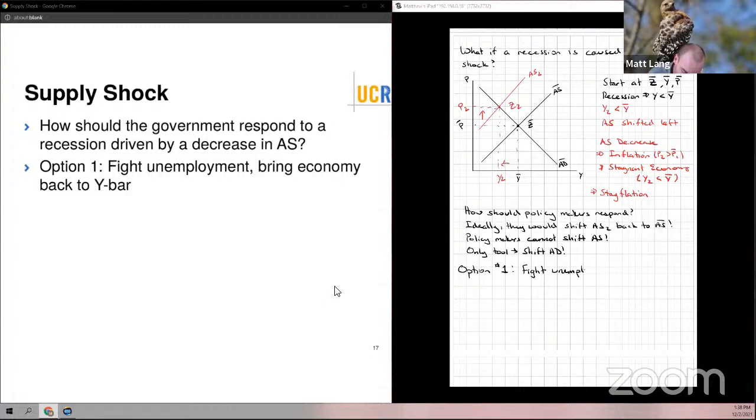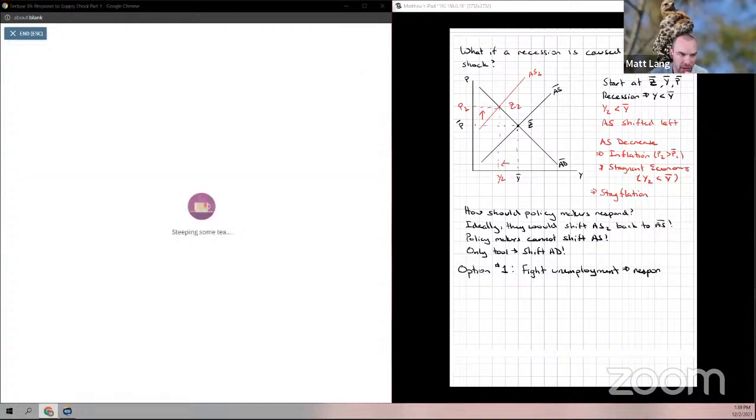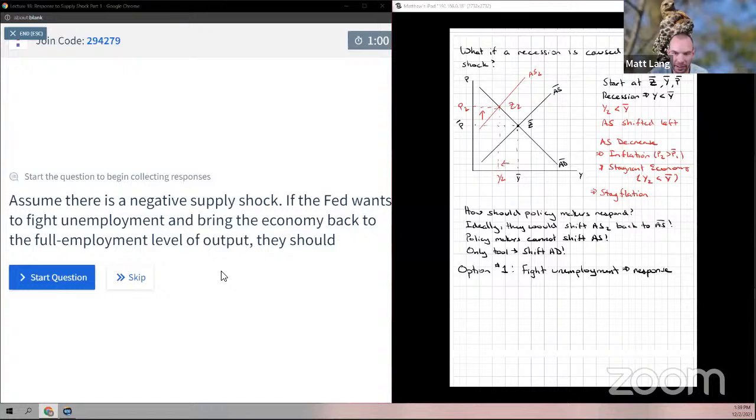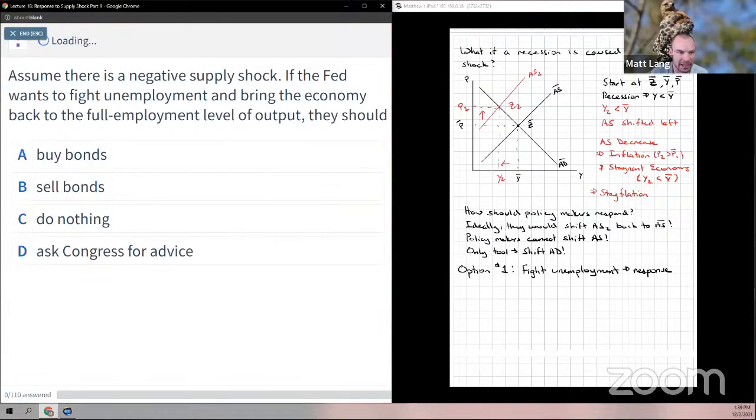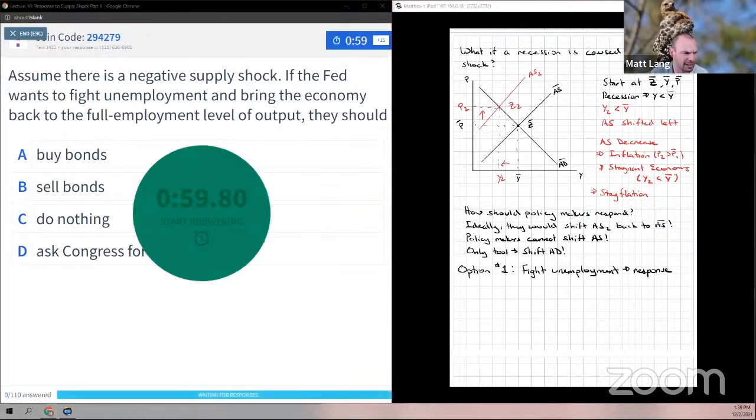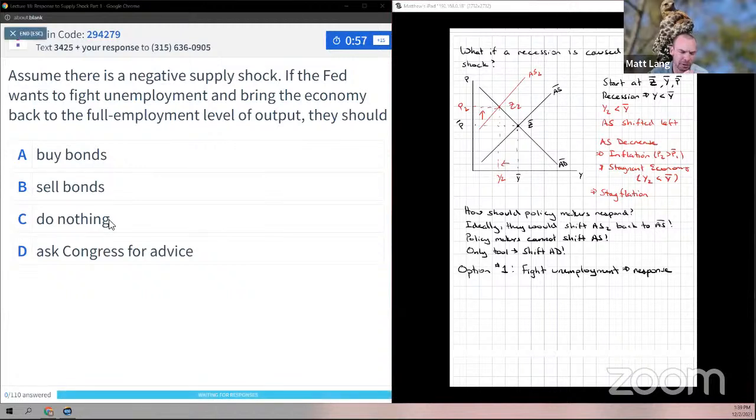What is the response of the Federal Reserve if they want to fight unemployment and bring the economy back to Y bar? This is a tough question, but you have the tools to do it. There's a negative supply shock. They decide they want to get back to Y bar. Should they buy bonds? Should they sell bonds? Or should they ask Congress for advice? Or do nothing?